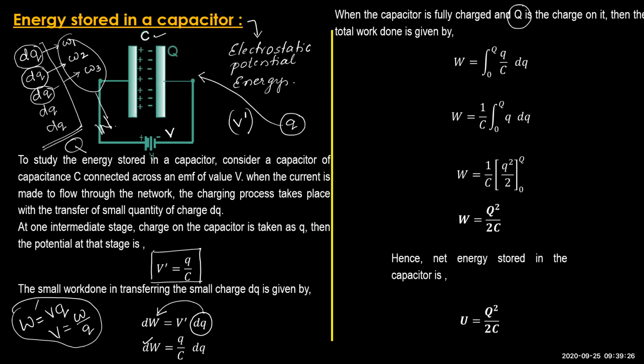So the total work done can be given as the integration of dW, in storing the charge from 0 to Q. Initially the capacitor is not having any charge, hence the charge is 0. But when we fully charge it, the charge in the capacitor is Q. Hence we have to integrate from 0 to Q.